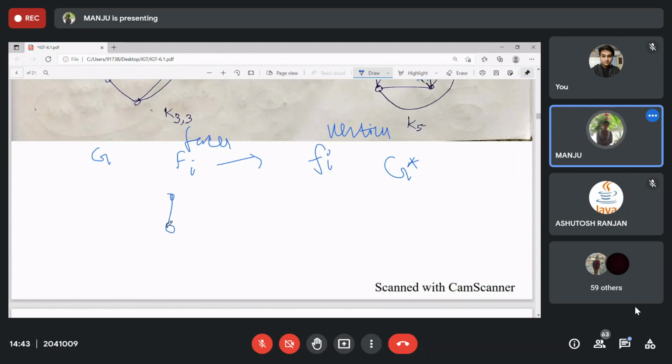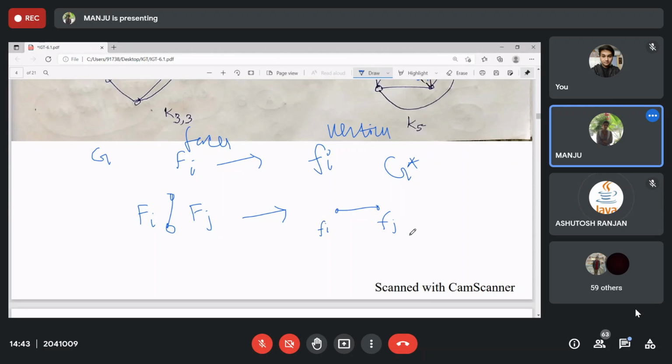Whenever there is an edge between Fi and Fj, there will be adjacency between these corresponding vertices Fi and Fj. Clear?